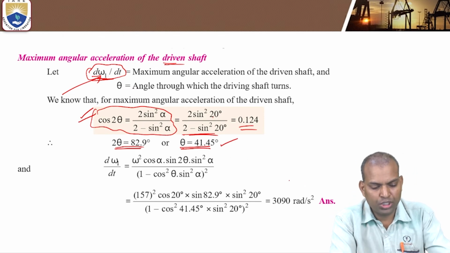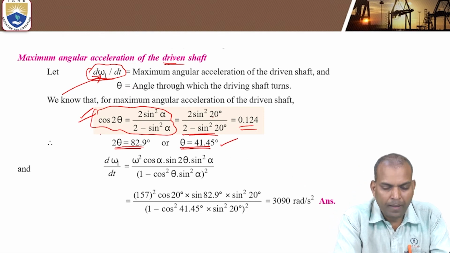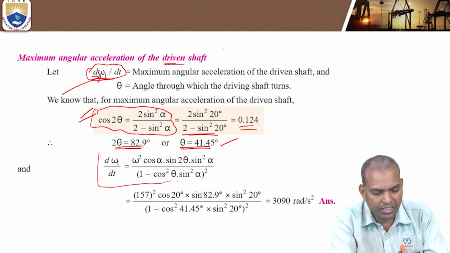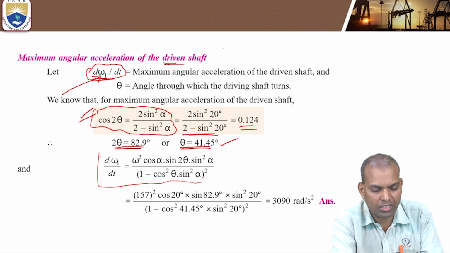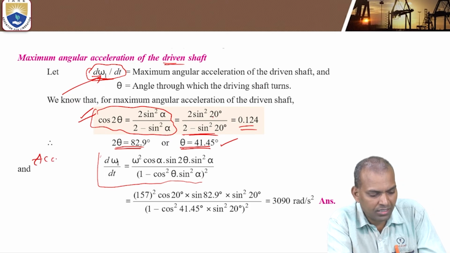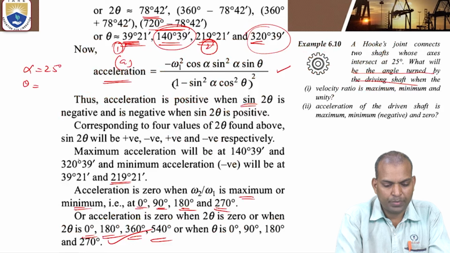Now, we know this dω1/dt. Differentiate the equation with respect to time, dω1/dt equals ω1² cos α sin 2θ sin²α by (1 minus cos²θ sin²α) whole square. This is the acceleration of the driven shaft, which we already studied in the previous problem.